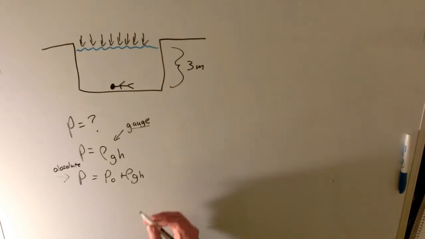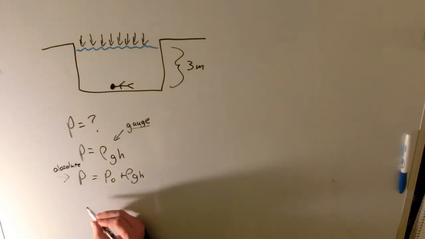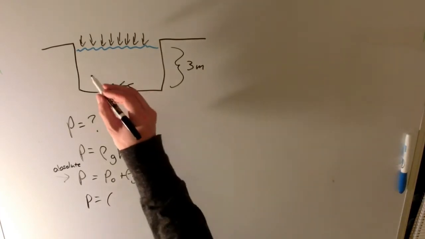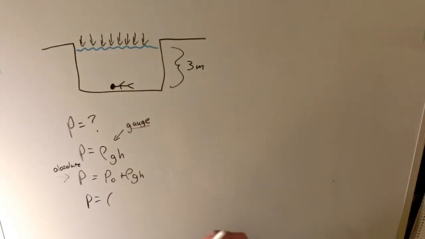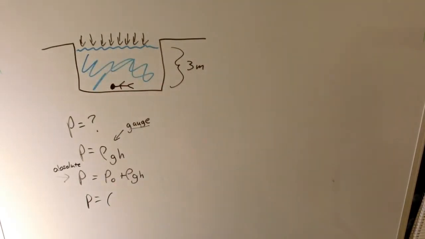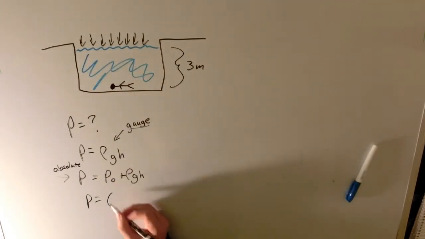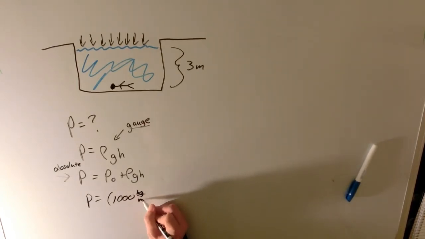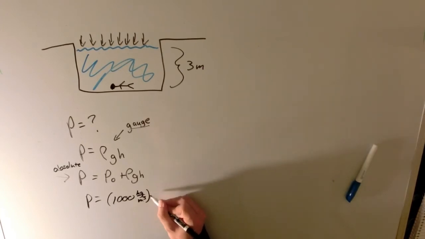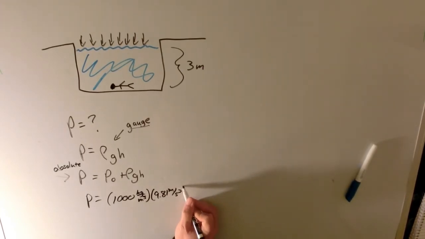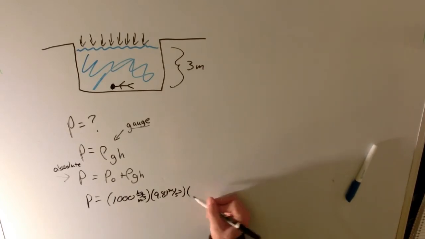Okay? In this case, we'll plug in our values. The pressure at the bottom will be rho, that's the density of our fluid, which is going to be water, which we're going to treat as 1,000 kilograms per cubic meter, times g, we're near the surface of the Earth, so 9.81 meters per second squared, times h, how deep are we?